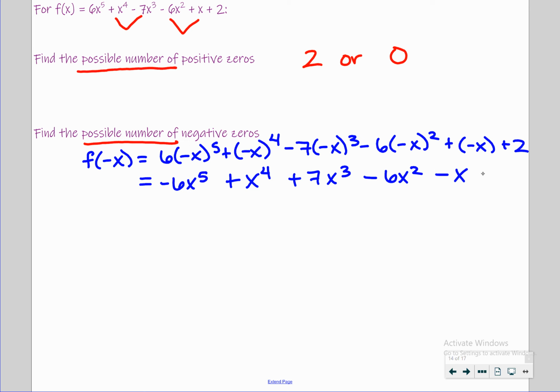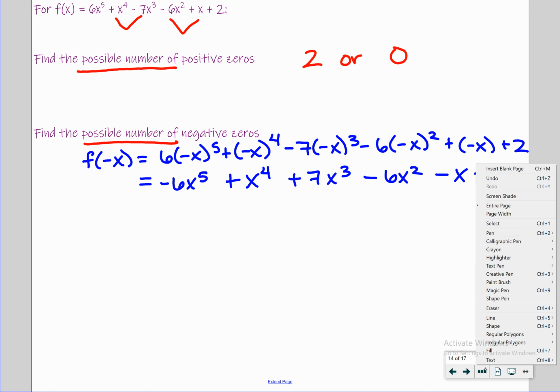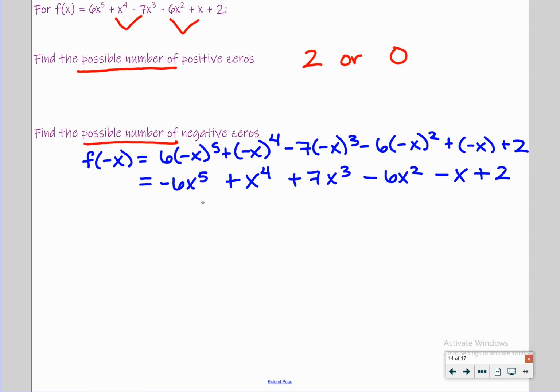And then negative x, positive 2. Again, count your changes of sign now. 1, 2, 3 changes of sign. So my possible number of negative zeros is 3 or 1.